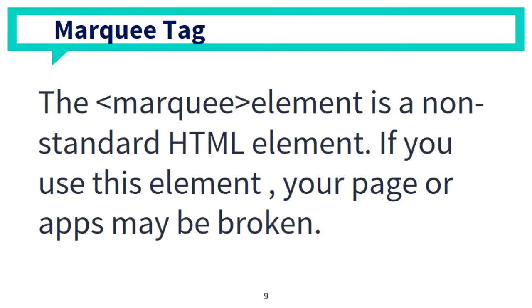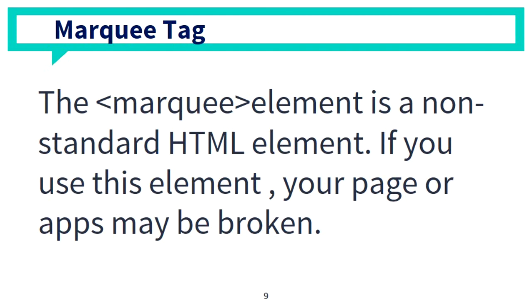Next one is the marquee tag. So what is the marquee tag? Marquee is a non-standard HTML tag which is used to create scrolling text or an image. It is used to make text or an image scroll horizontally across or vertically down the web page. The element comes in pairs.